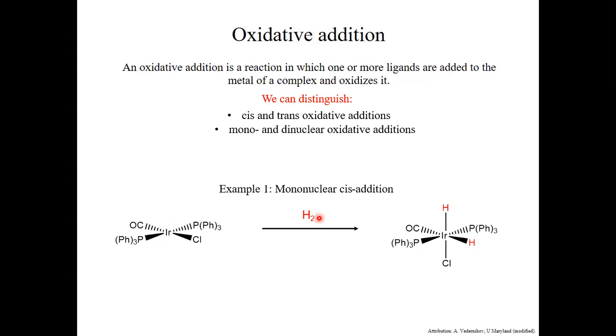When we add H2 to this complex, the H2 adds to the complex, thereby increasing the coordination number from 4 to 6, whereby the two hydrido ligands stand in cis orientation to each other.